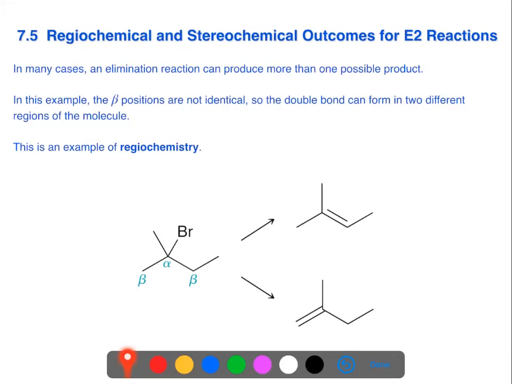Depending on which hydrogen is involved in that E2 reaction, if it's here, we're going to end up with this particular alkene. If this hydrogen is lost as a proton to this beta carbon, then the pi bond will form between this alpha and beta carbon. So let's look at how we can control this product formation, this regiochemistry.